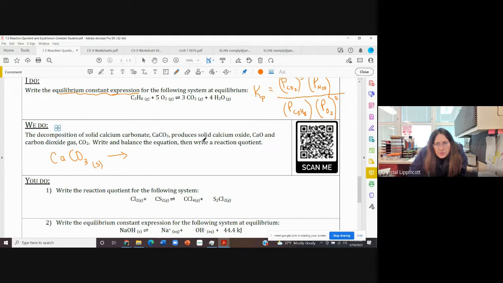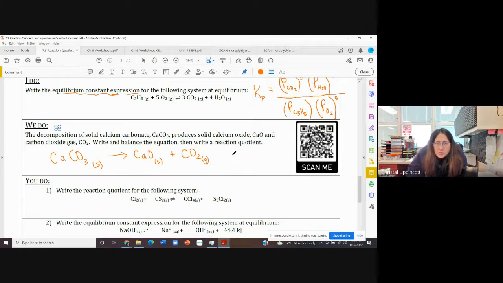And it's going to produce solid CaO plus CO2 gas. So balance this guy. It's already balanced. Then write the reaction quotient.